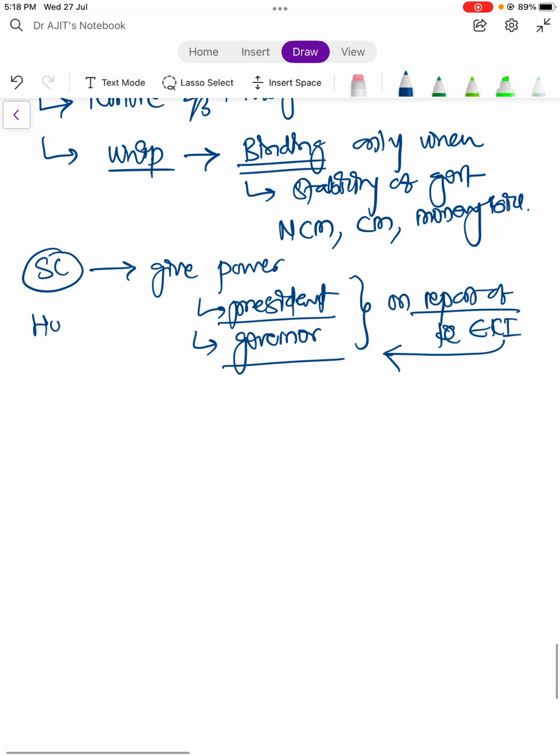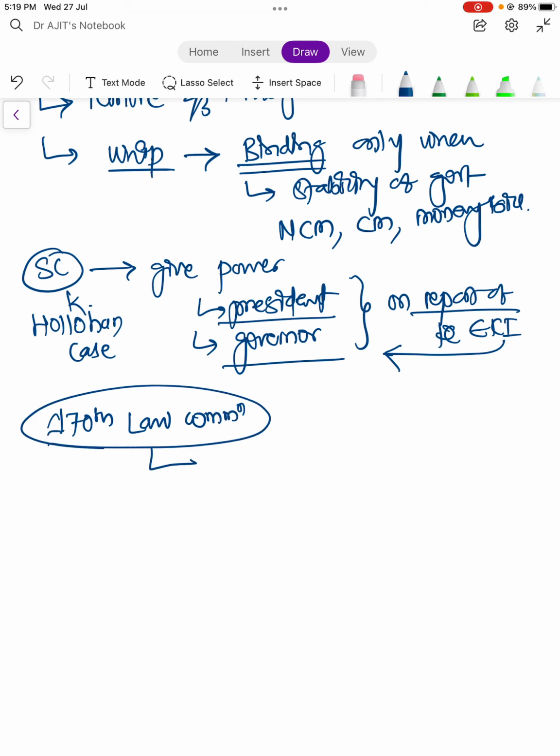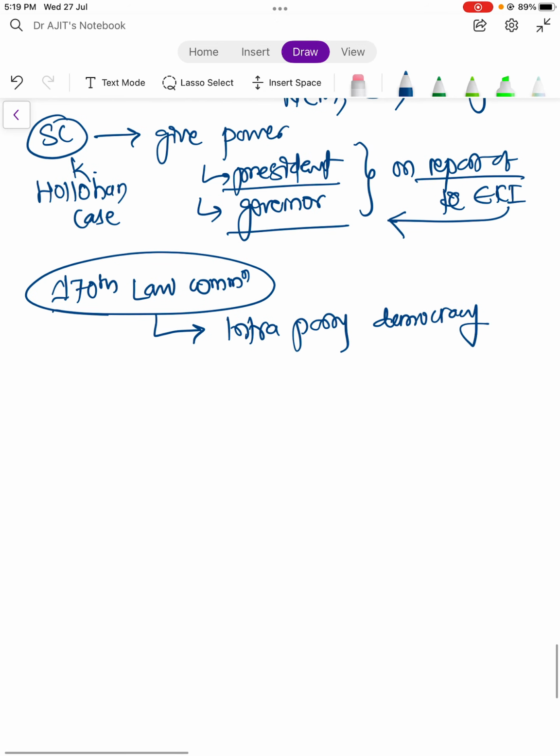And this was again upheld in the Kihoto Hollohan case, right? Then there was a recommendation by the 170th Law Commission. It recommended intra-party democracy, right? So these are some of the ways forward or solutions.